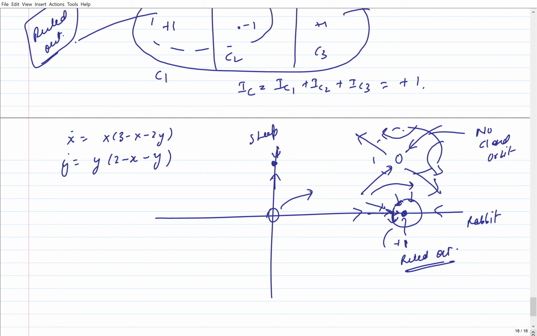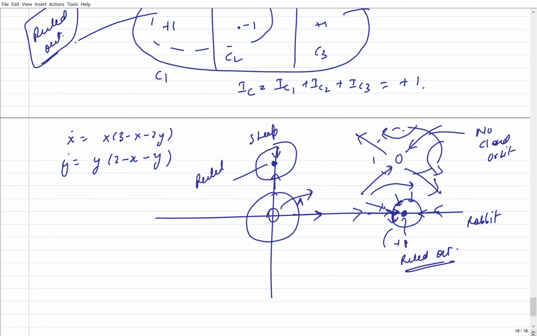That would violate uniqueness because this line is invariant. This points towards this. Similarly, this is ruled out, even though my theorem says that this is plus 1. And similarly, this is ruled out because the closed trajectory here, if it points over here, this invariant line points here. So this is also ruled out.